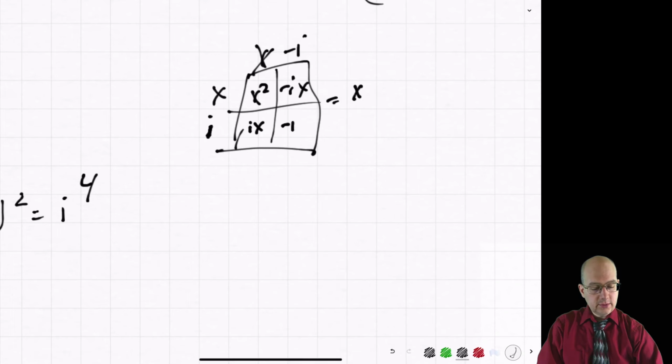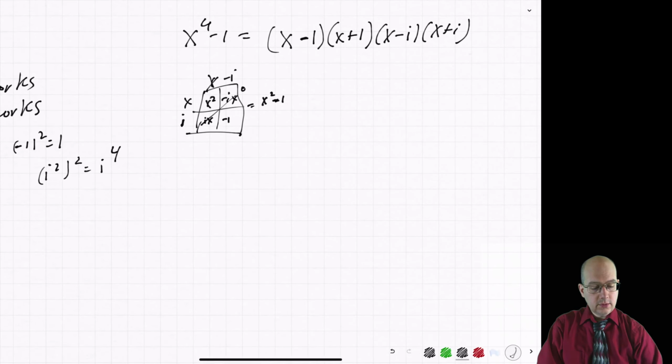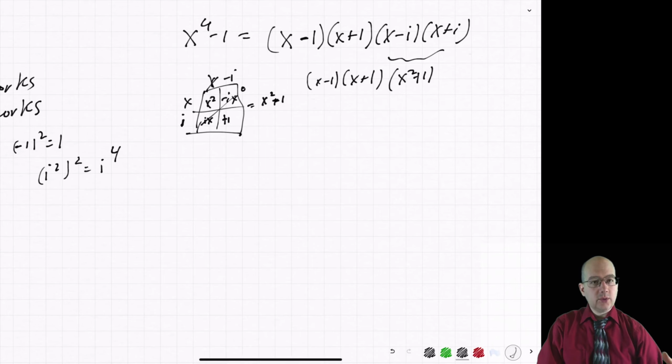And so that's equal to x squared minus, that's 0, and then minus i squared, right? So this becomes x squared plus 1, since i squared is minus 1. And then you have these other 2 factors. And this is like the real factored form of x to the fourth minus 1. We'll talk more about that, but factors are nice. And so this is how things go.